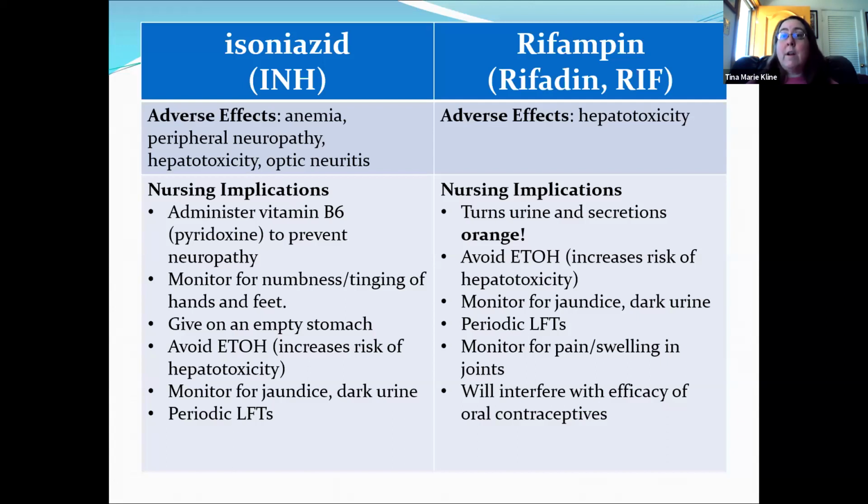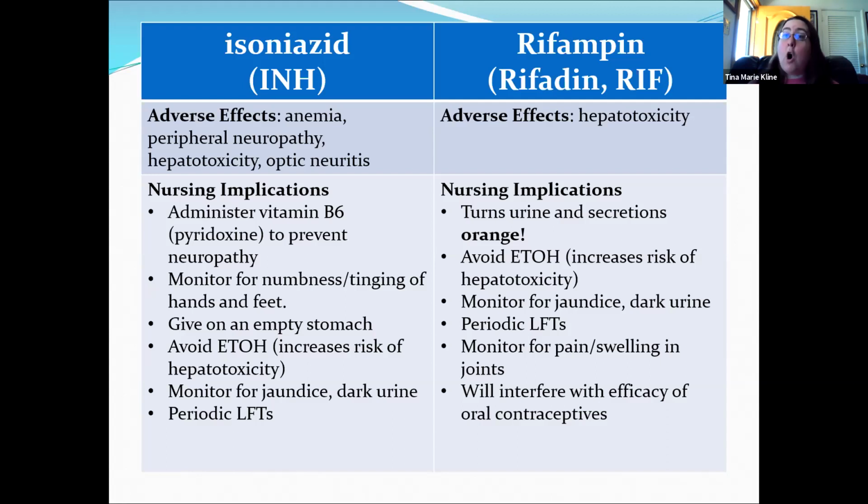So are they starting to become jaundiced, particularly on the skin and on the eyes? Are they having generalized itching? Because what happens is as waste products build up in the blood and things aren't being detoxified, you will actually get what we call bile salts that kind of deposit in the skin because your body's trying to get rid of them. And those are very itchy for your patient.